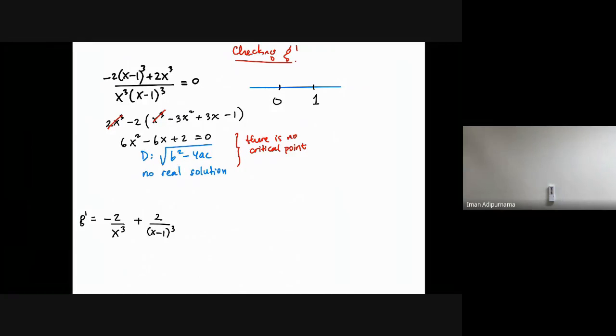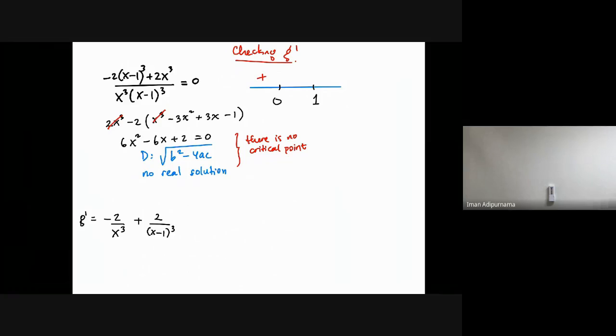Check maybe -1. Putting it here, you will get what? It will be positive, right? Negative, negative, positive. Check below, -1, -2, positive, positive.